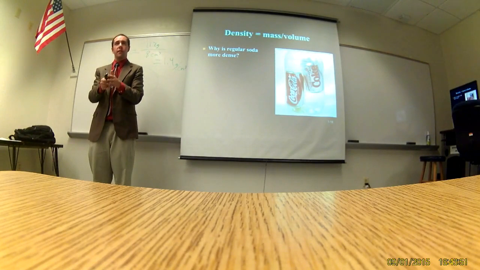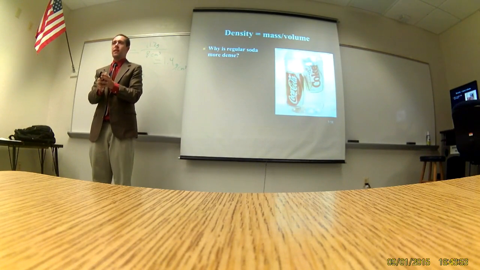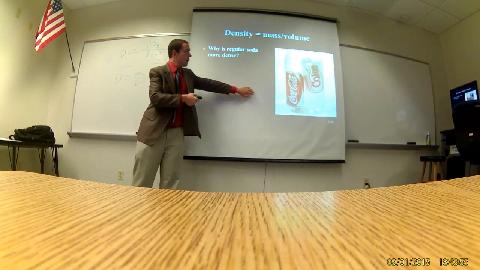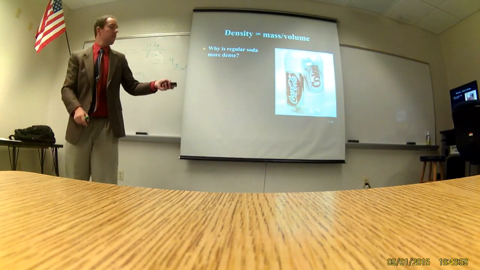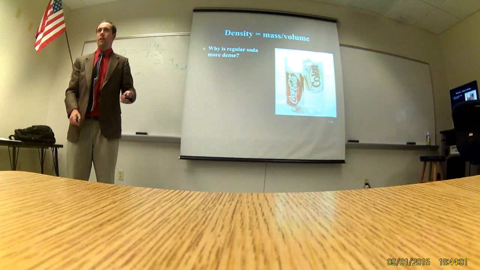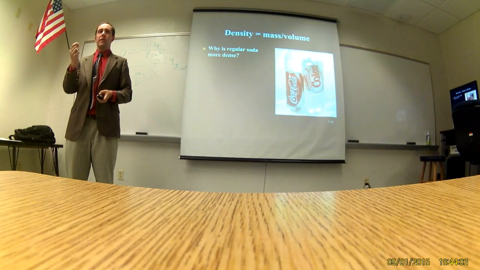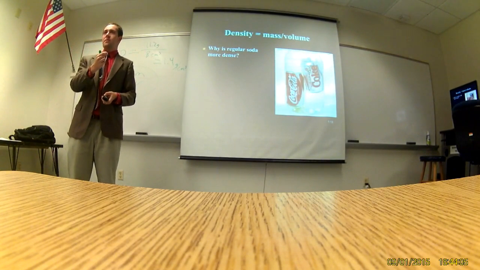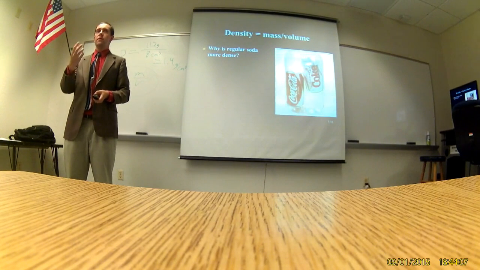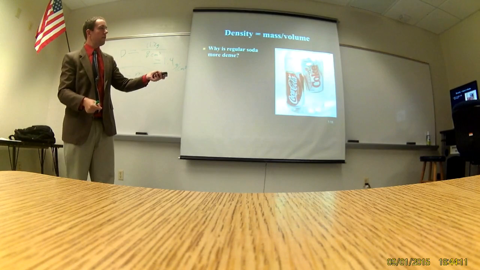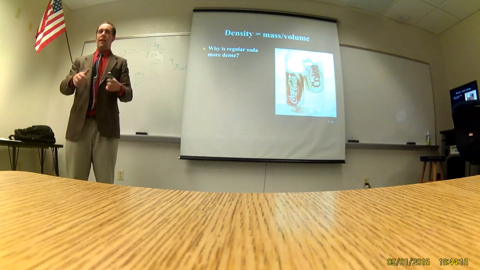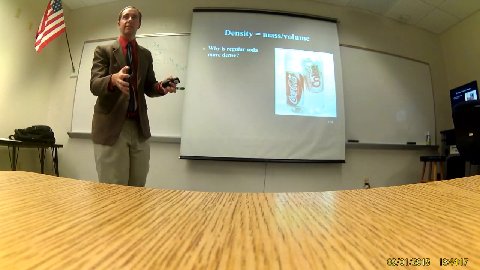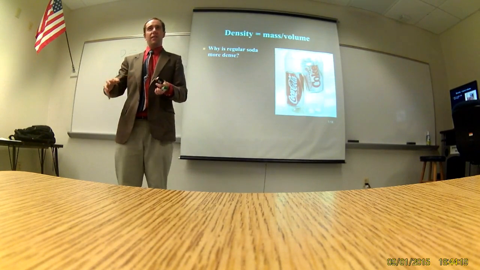Once you dissolve the salt in it, it becomes more dense. Regular Coke has a whole bunch of sugar dissolved in it. The artificial sweeteners in Diet Coke are much, much sweeter than actual sugar, so you don't need nearly as much of it for it to taste just as sweet. So Diet Coke floats, regular Coke sinks. If you go to a cooler that's mostly water and some ice, and you want a regular Coke, you're going to have to dig down to the bottom.